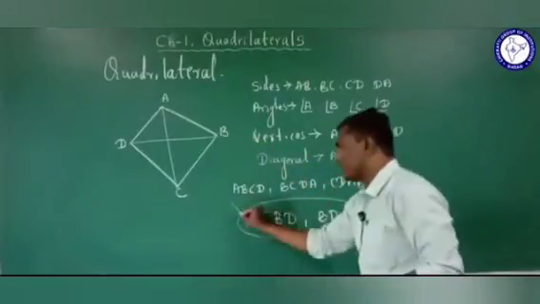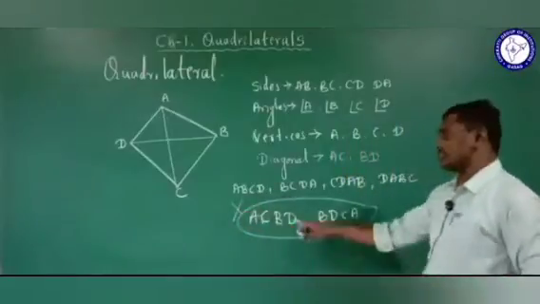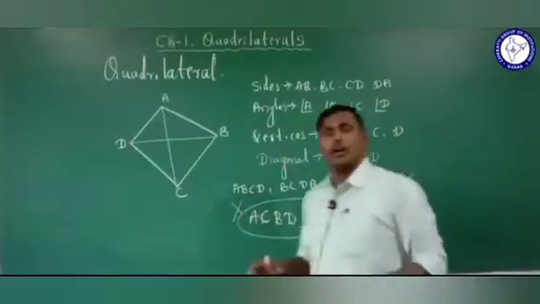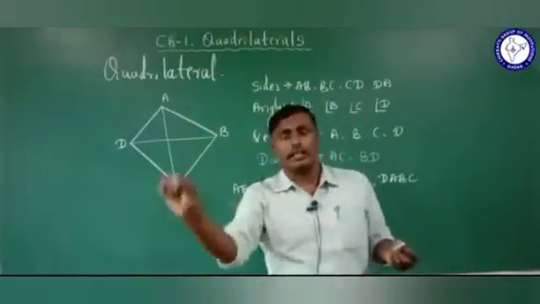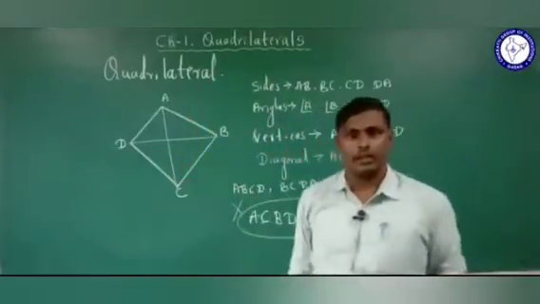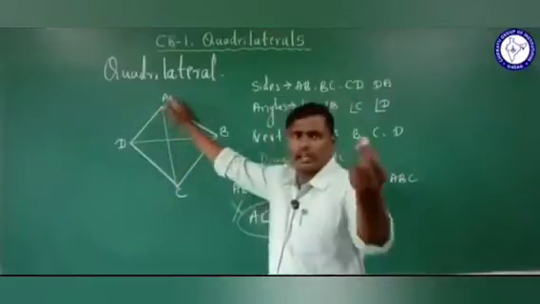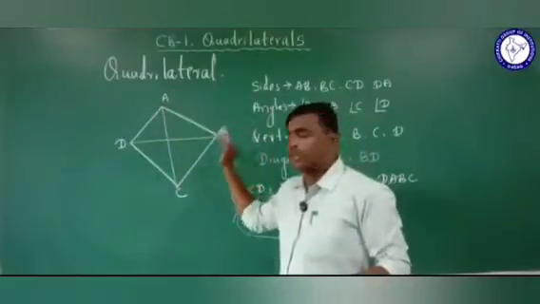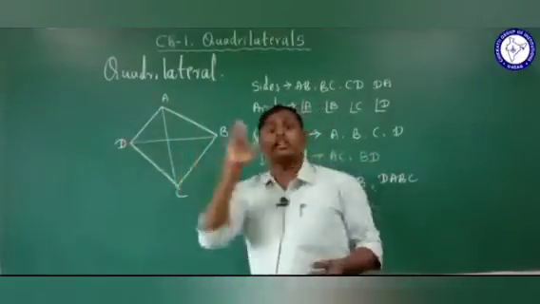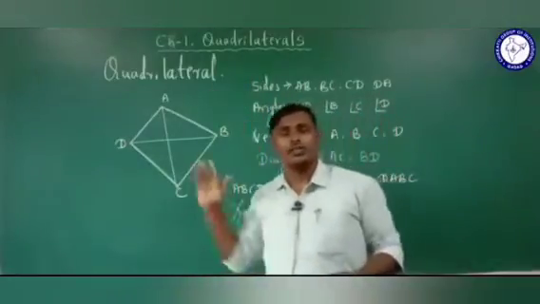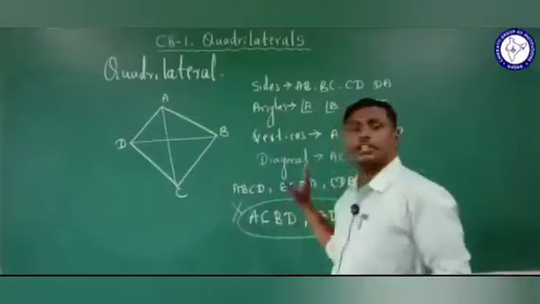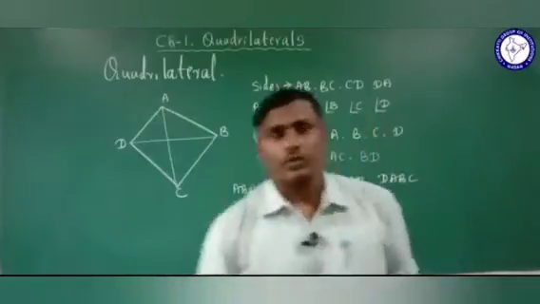This is a completely wrong representation of the quadrilateral. While representing a particular quadrilateral, it should be in cyclic systematic order only. You can start from A, B, C or D, but it should be in cyclic and systematic order. This is the way to represent a given quadrilateral.